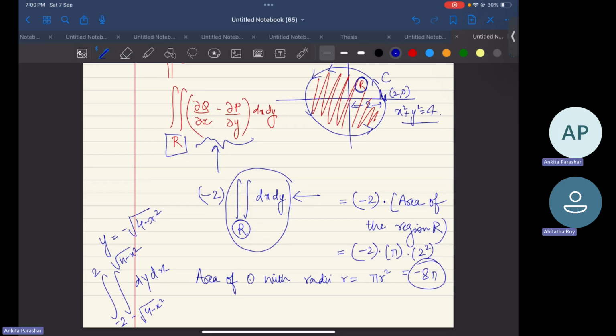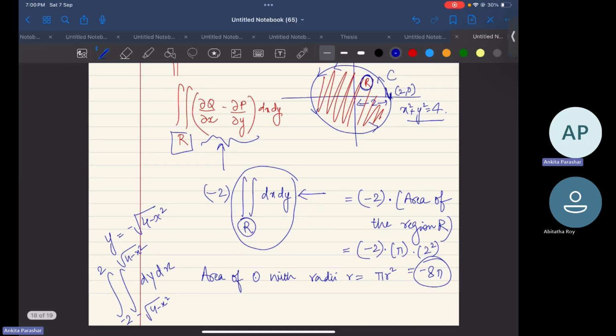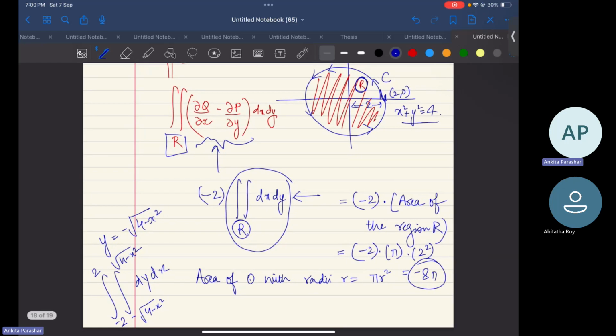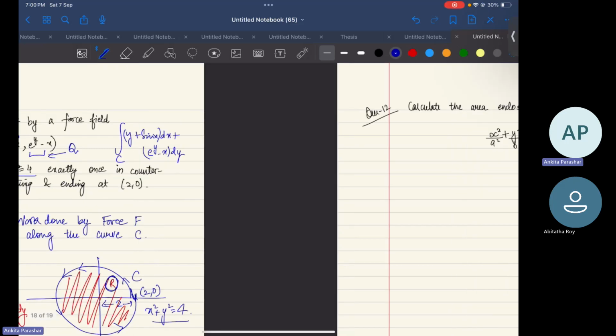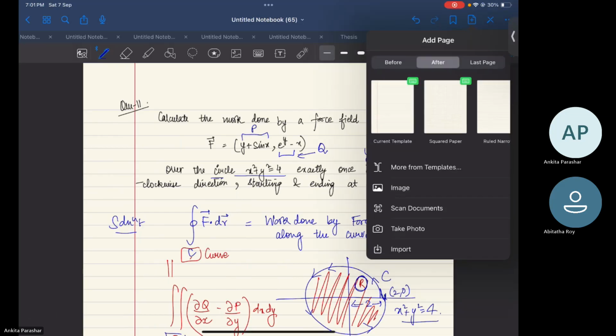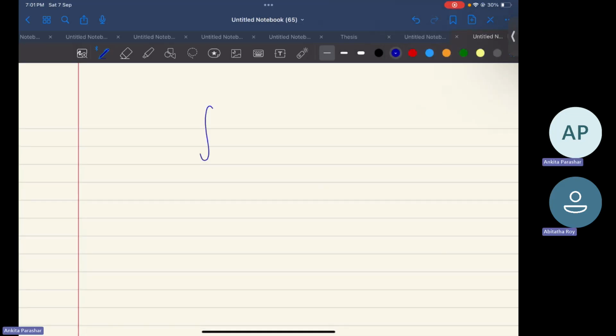Do I have to break the region or is this okay? All right, so let's just do it. Does it have some issue?